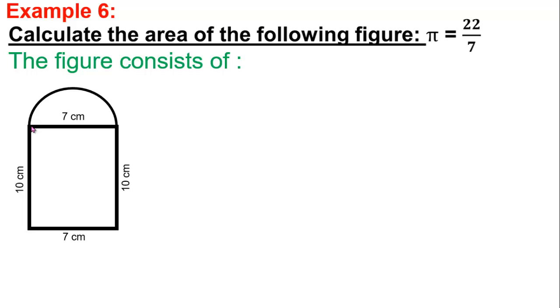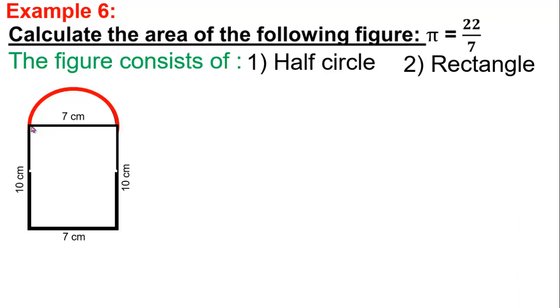The figure consists of what? This figure consists of half a circle and a rectangle. So when I calculate the area, I am going to calculate the area of the rectangle and the area of half of the circle. And when I add them together, I will get the area of this figure.